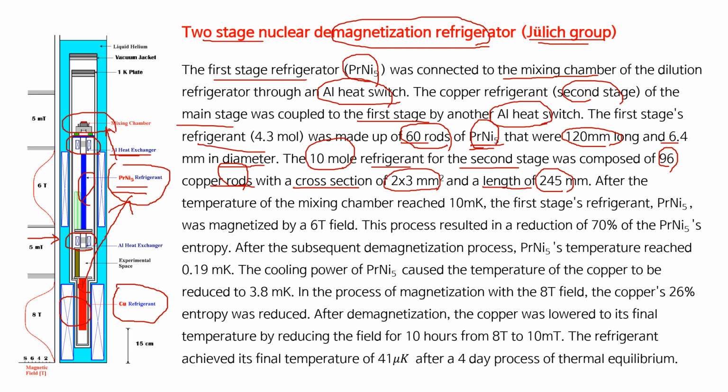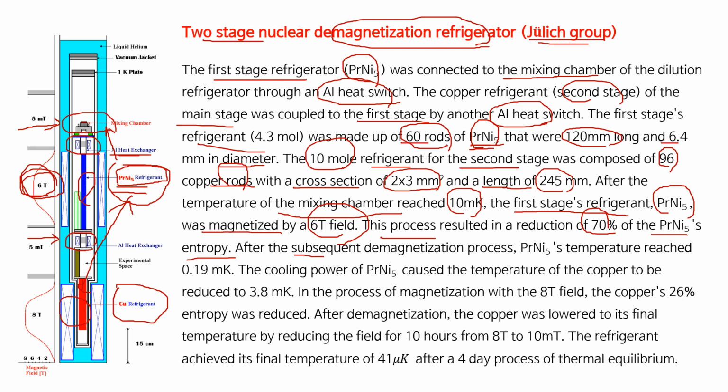After the mixing chamber temperature reaches 10 millikelvin, the first stage refrigerant PrNi5 was magnetized by 6 Tesla. This process results in a reduction of 70% of PrNi5's entropy.